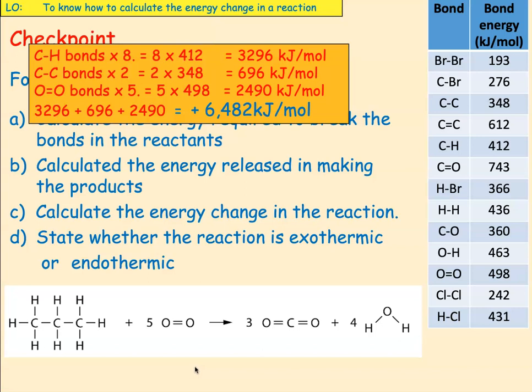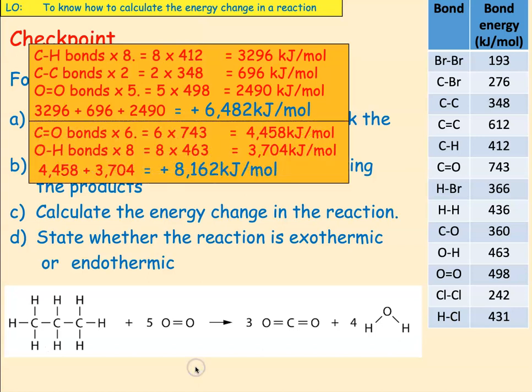Okay, calculate the energy released in making the products. Right, well, you have got 2 C double bond O bonds in carbon dioxide, but you've got 3 moles of that. So you are going to need 6 times 743, which gives us 4,458 kilojoules.